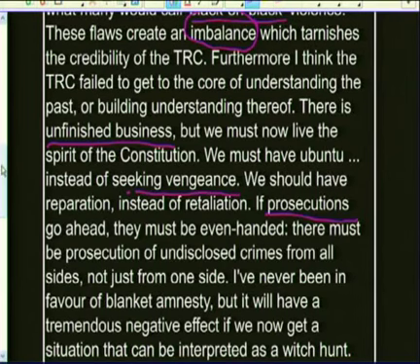He claims that if prosecutions go ahead, they must be even-handed. So in other words, people should be treated equally, whether they were perpetrators or the victims, it doesn't matter. There must be prosecution of undisclosed crimes from all sides, not just from one side. So again, earlier on, he did say that it was flawed, it was imbalanced. They only looked at the one side.